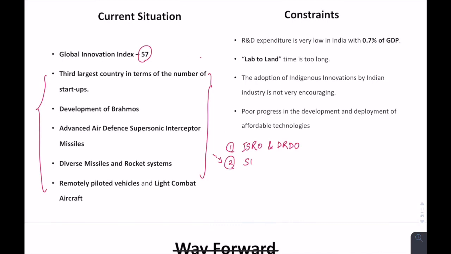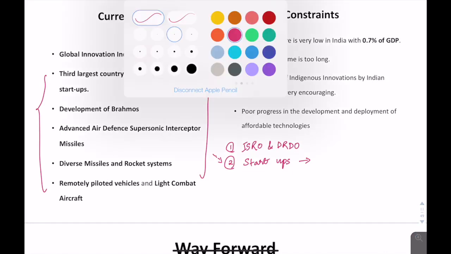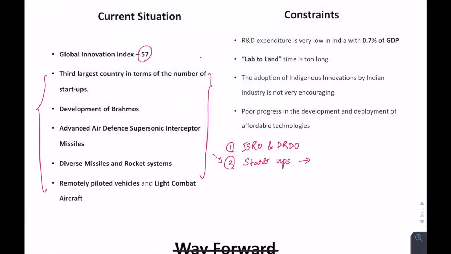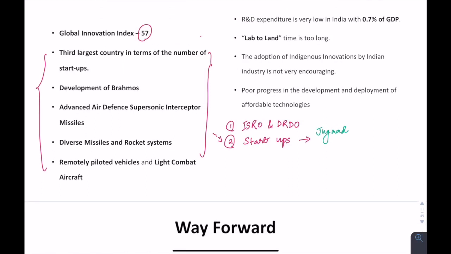Secondly, startups have cropped up in India very fast, and the reason that they have been able to grow so fast is twofold. Number one, Jugaad. Whether you agree with it or not, the entire philosophy of fixing everything through Jugaad has actually resulted in a lot of startups in India.